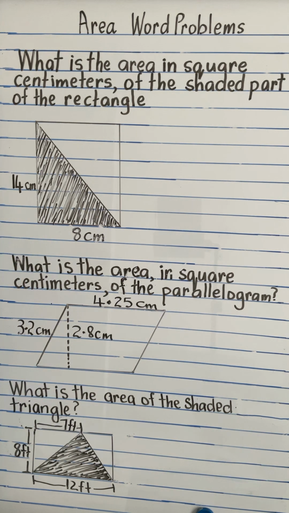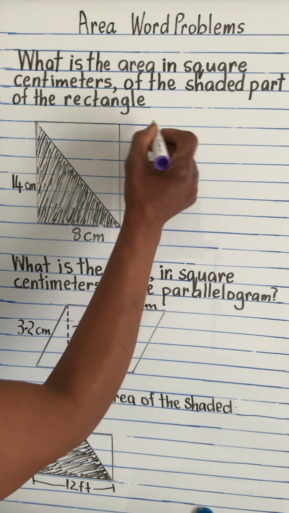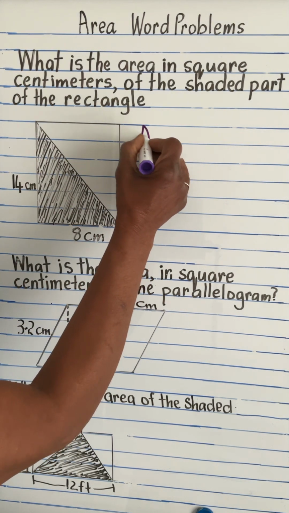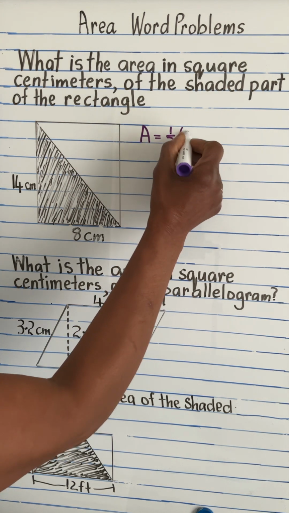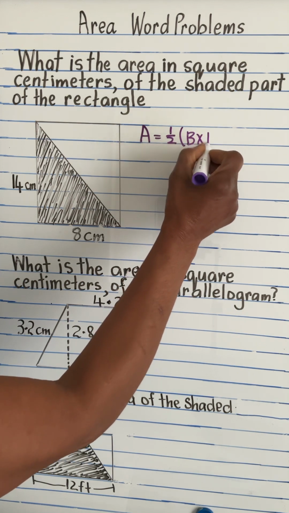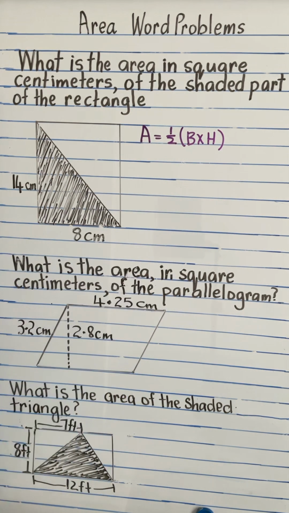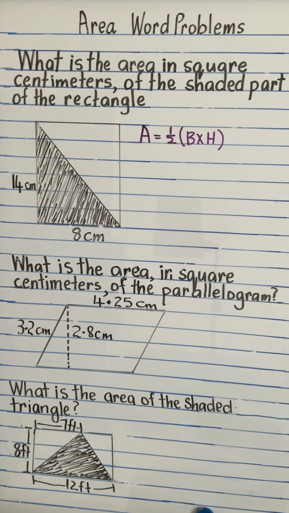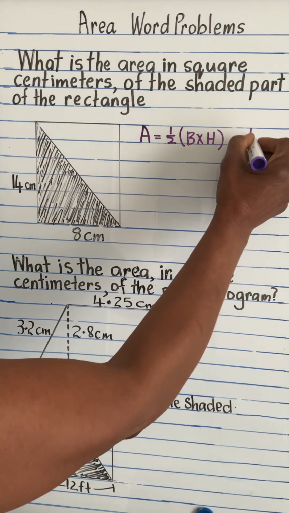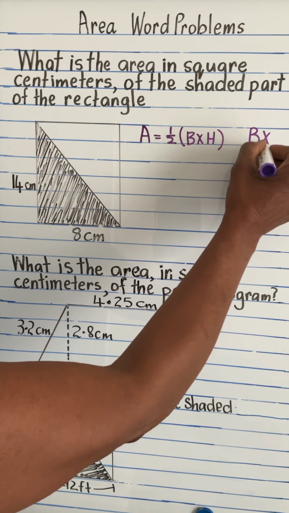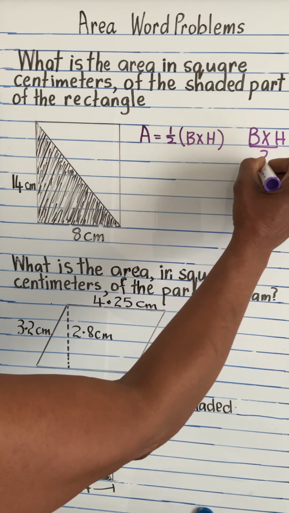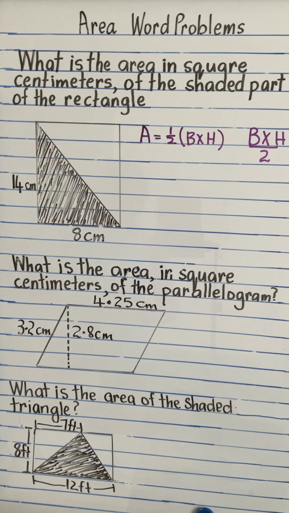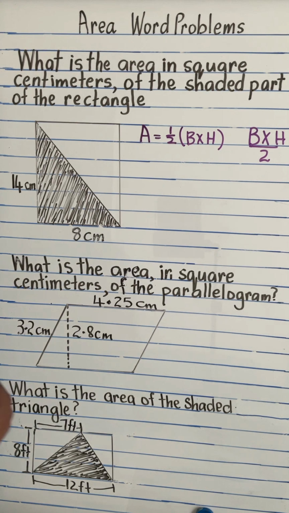So the area of a triangle, A equals half base times height, or we could do base times height divided by 2. So we use any one of those formulas to find the area of the triangle.